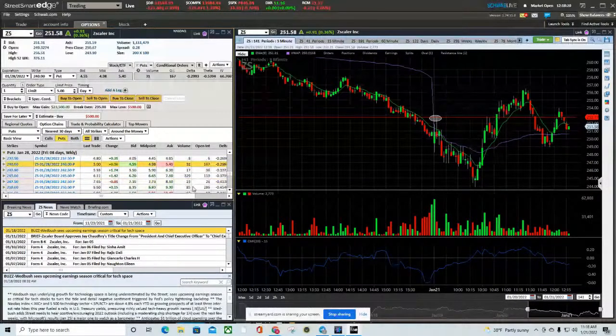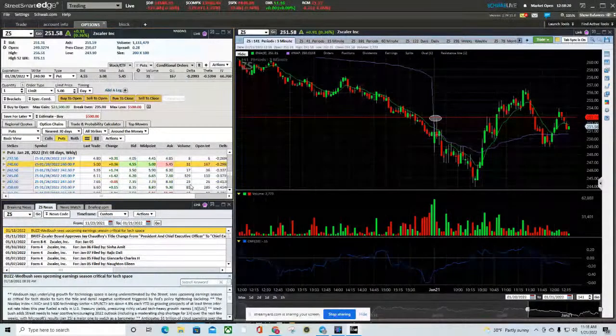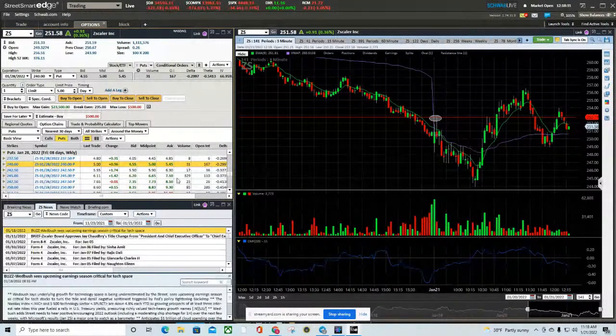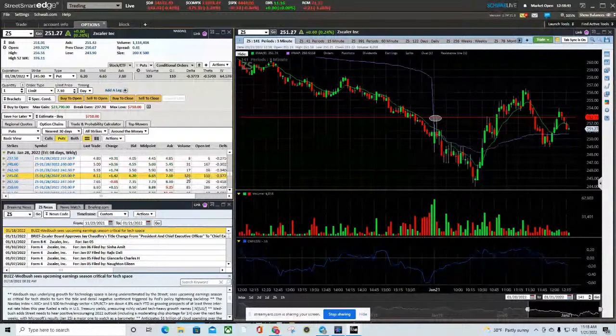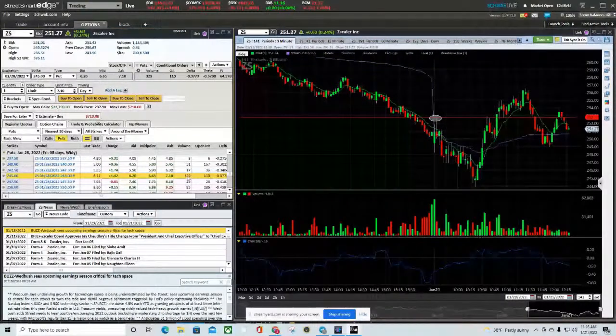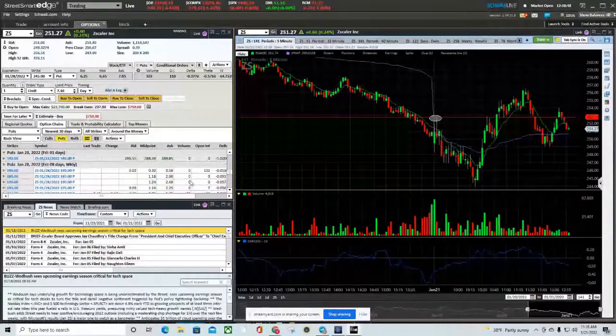So you see, there's not much liquidity on these. It's hard to trade these when you have very low volume. On this particular one, I would probably go with a 245 put because it has good delta, better open interest and volume than any of these other ones. Just browse through there, choose your expiration date and look.